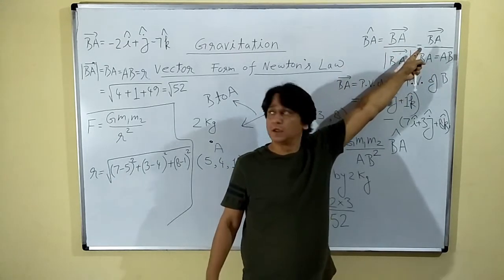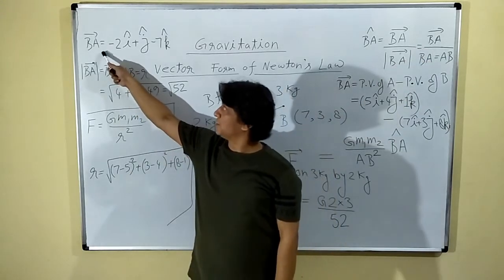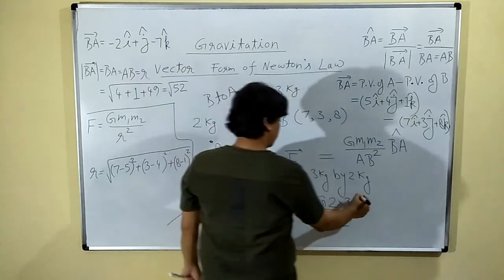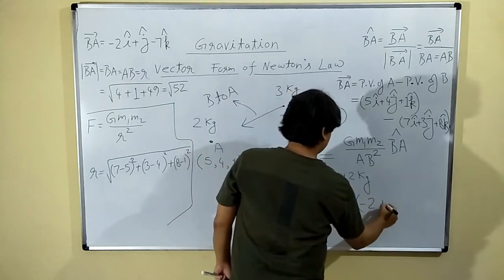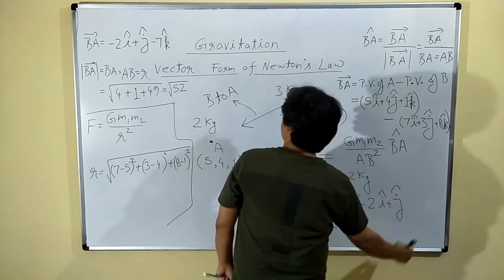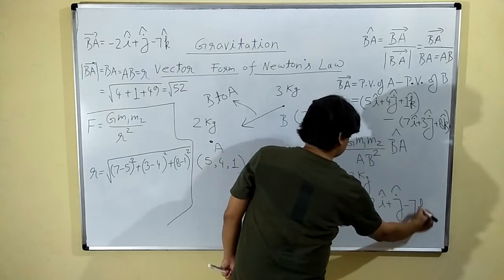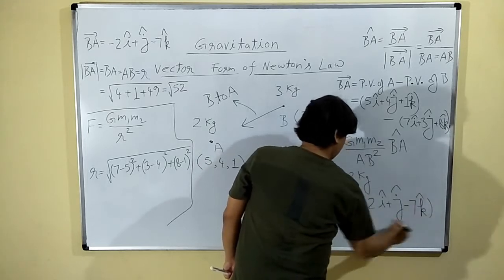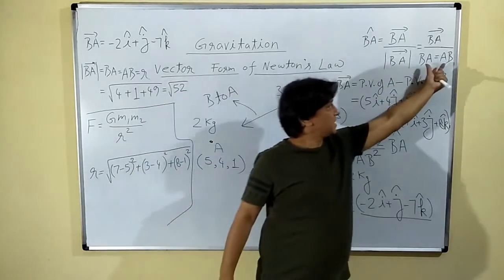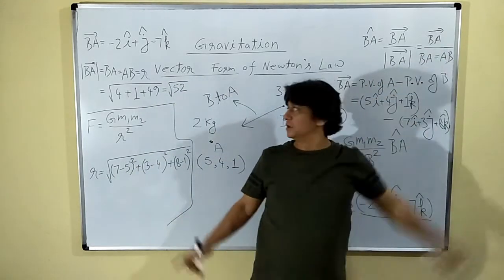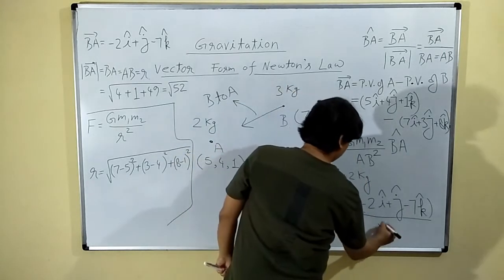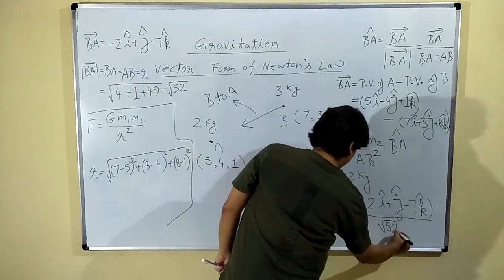What is vector BA? Vector BA is this minus 2i plus j minus 7k, minus 2i plus j minus of 7k cap whole divided by magnitude of BA vector. That magnitude is what? Root over 52.